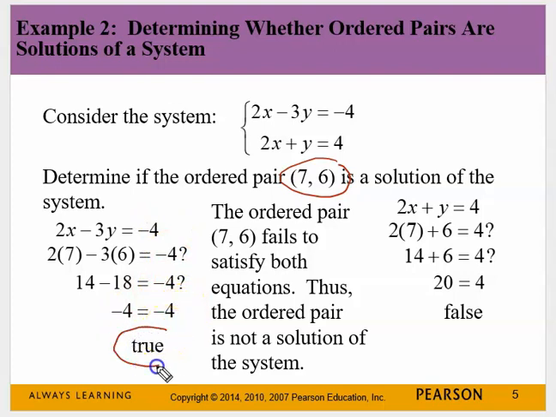Yes, that's true. So this is a point on this equation. But when you take that same set of coordinates and put it into the second equation, replacing the x with a 7, the y with a 6, we get 20 equals 4. That's not true. That's false. So this would not be a solution.